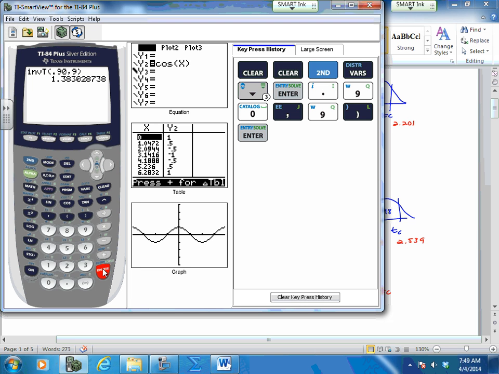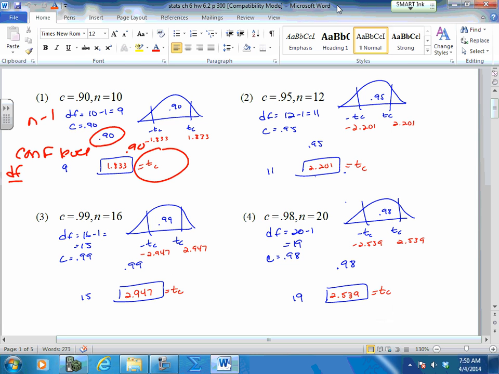It doesn't work. What if you put in 10? No, because it gives you degrees of freedom. That's weird. Maybe we're all wrong.